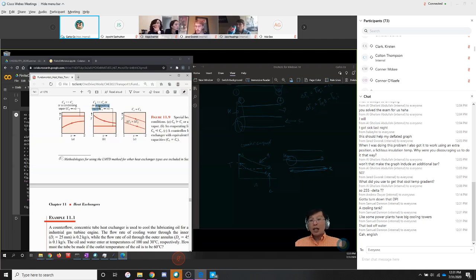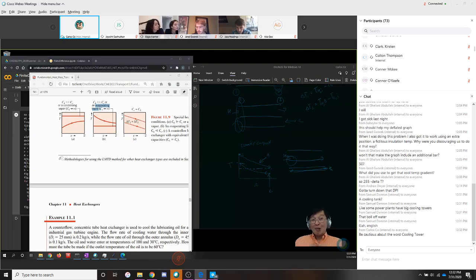Yeah. So Sam, just a few comments there, because you said something. Be somewhat cautious about the word cooling tower, because the cooling tower is actually a very serious unit operation in chemical engineering, right?